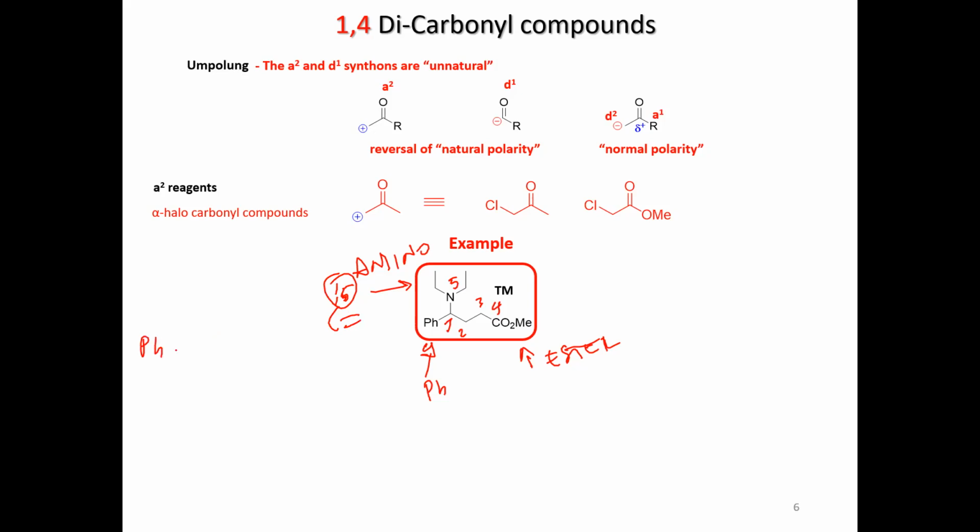You want to put the negative charge on something, the positive charge somewhere else. Where do you want to put the negative and where do you want to put the positive? What is your most likely nucleophile between these two?